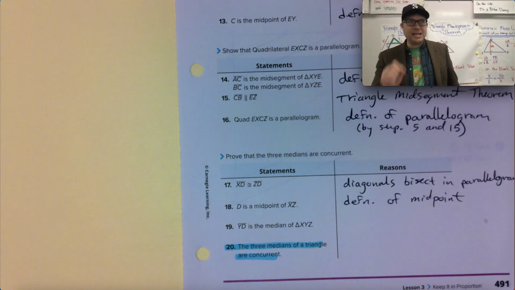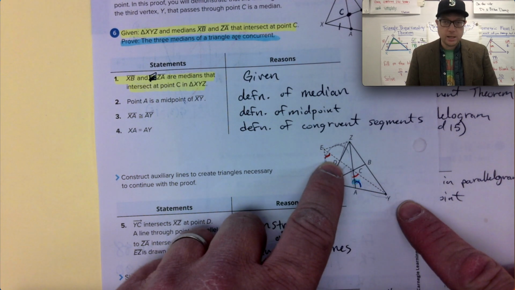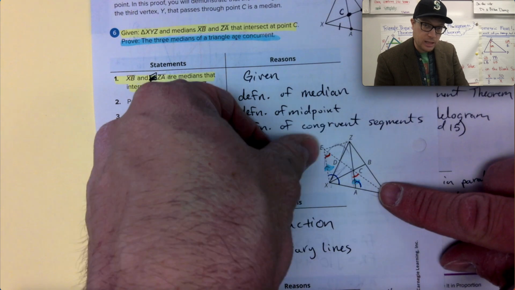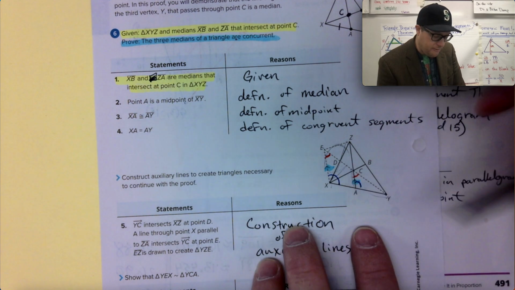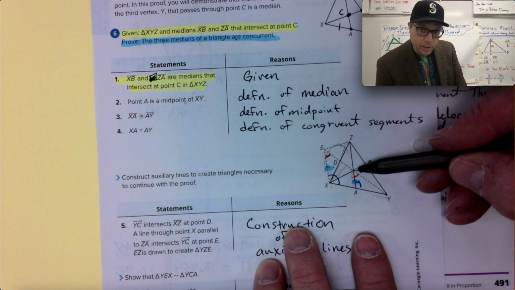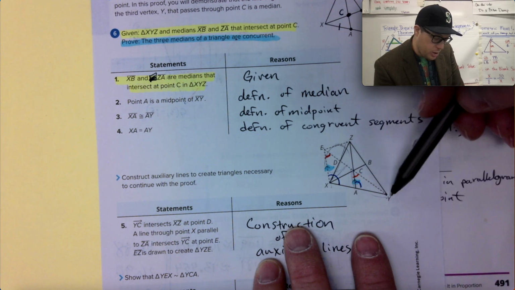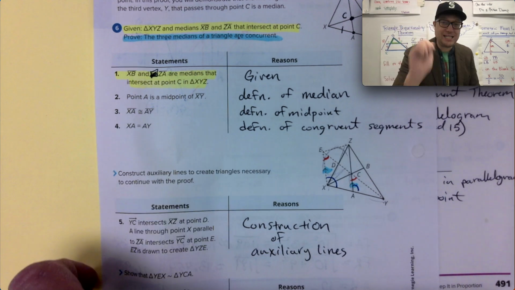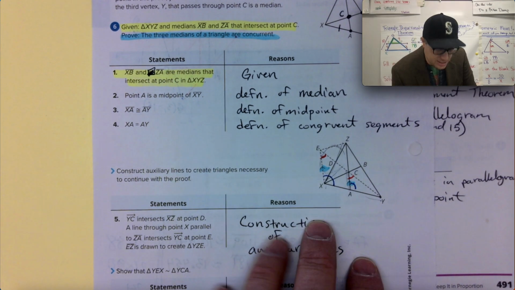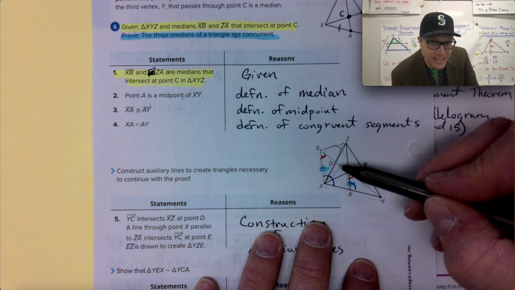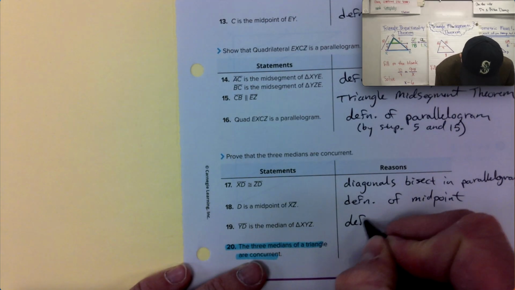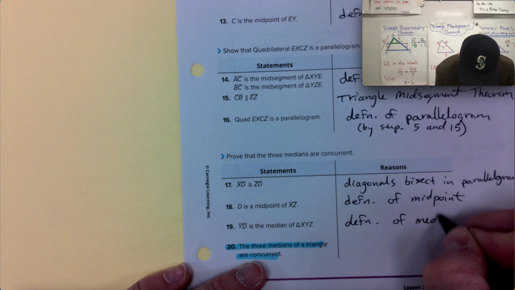Okay, so if D is the midpoint, then that makes YD a median. Because in the original triangle, without the auxiliary lines, we have these 2 lines crossing at point C. If we can get the third to cross through there at point C, then we have the idea of concurrency. Since D is a midpoint, YD is a median. Definition of median.